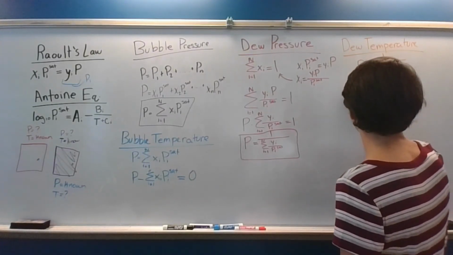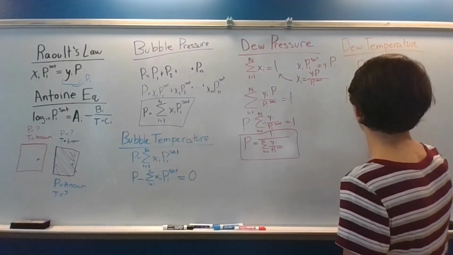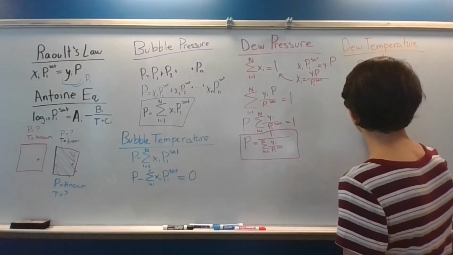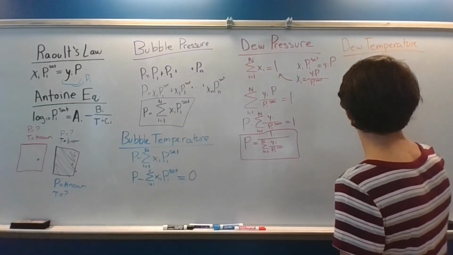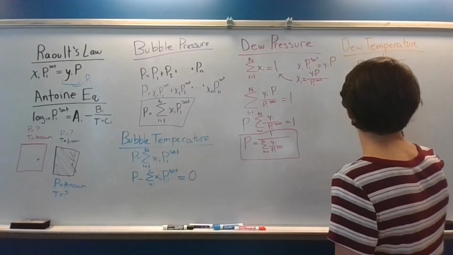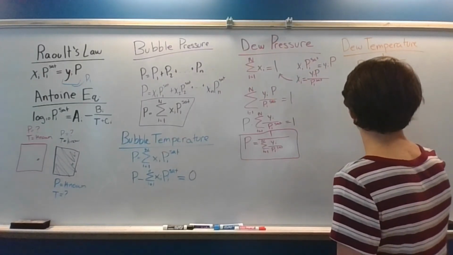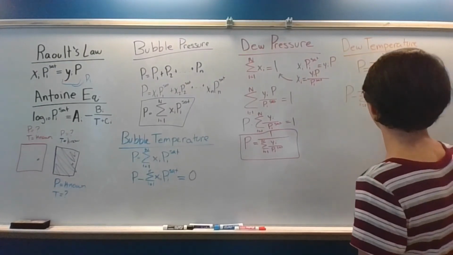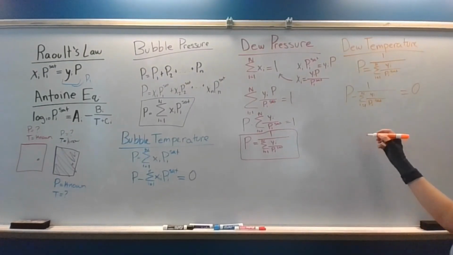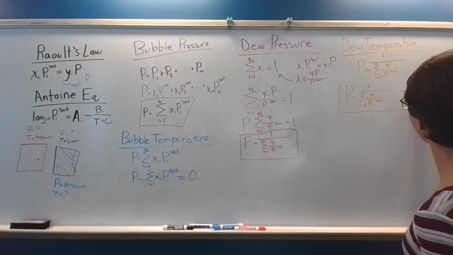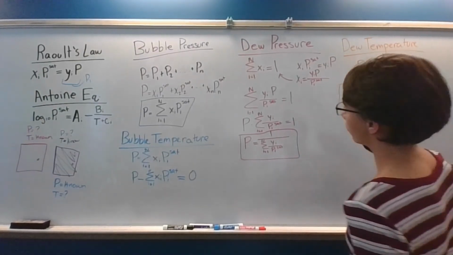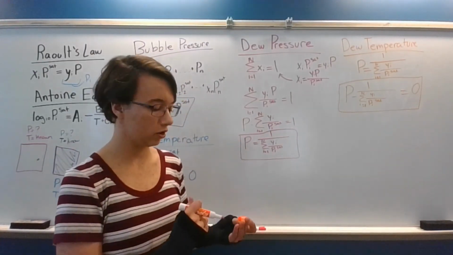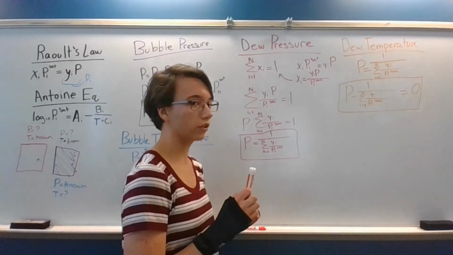So I'll have pressure minus 1 over the same summation, and we'll set that equal to 0. This is going to be the equation that we use to solve for the dew temperature using a root solver.